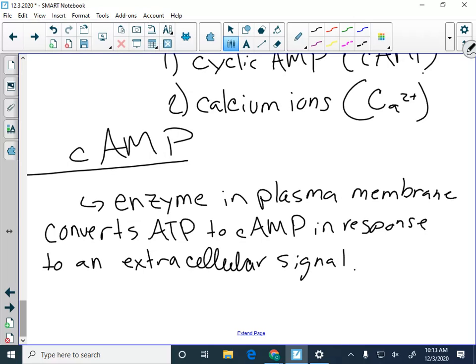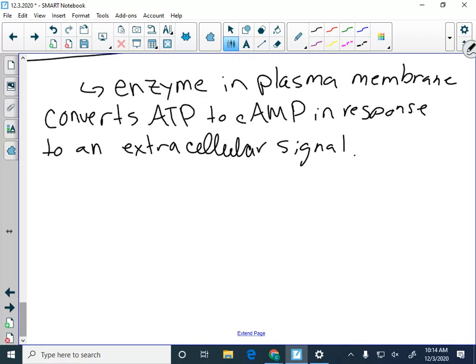So the external or membrane receptor ligand binds. That ligand will activate our enzyme. That enzyme will very, very rapidly convert ATP into cyclic AMP. We can increase our concentration 20-fold in seconds.